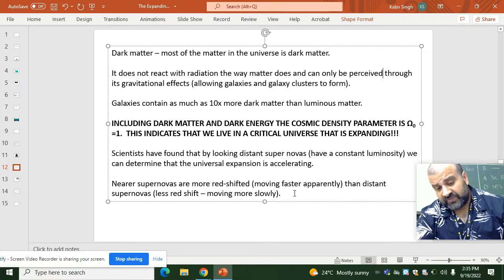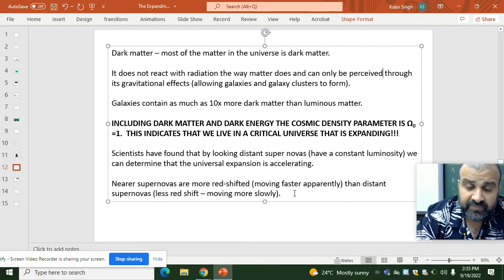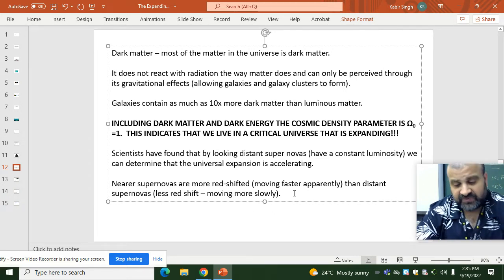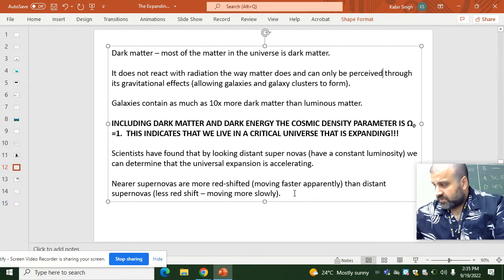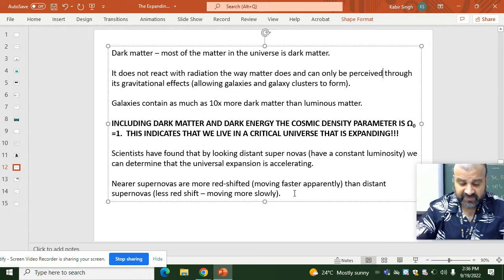Nearer supernovas, stars that go supernova closer to us, are more redshifted versus supernovas that are further away from us. They're less redshifted. So how does that statement indicate that the universe is accelerating faster and faster?